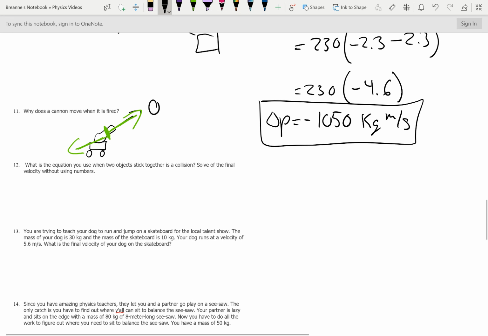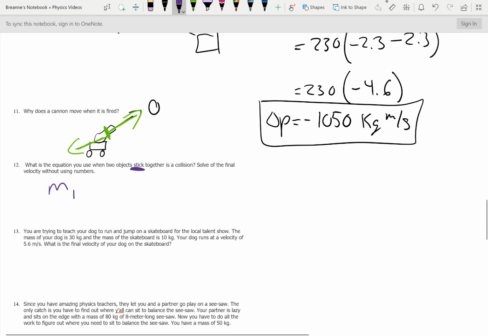So what is the equation you use when two objects stick together and collide? Solve for final velocity without using numbers. The key thing is that they stick together, so that's your key word right there.